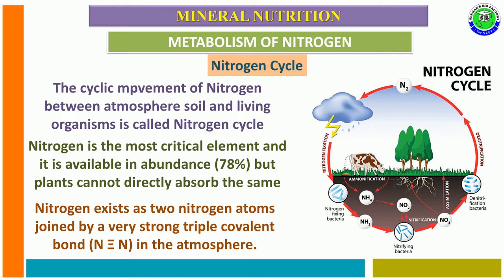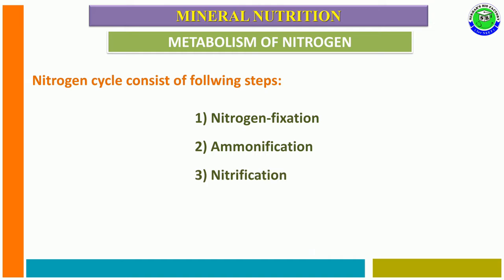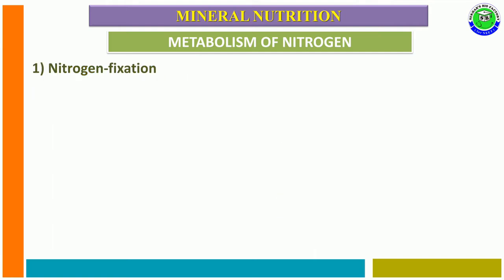Nitrogen is generally present in the atmosphere as two nitrogen atoms, and these two atoms are joined by a very strong triple covalent bond, N≡N. The nitrogen cycle consists of the following steps. The first step is nitrogen fixation, the second step is ammonification, the third step is nitrification, and the fourth step is denitrification.